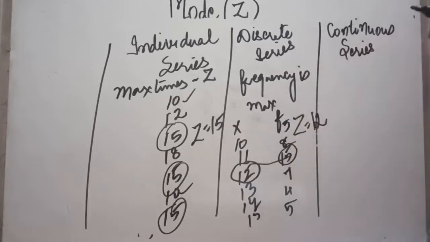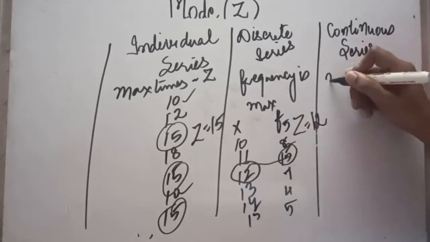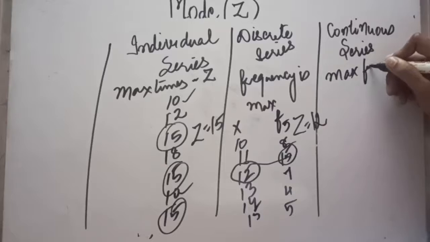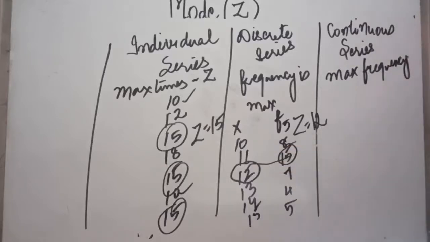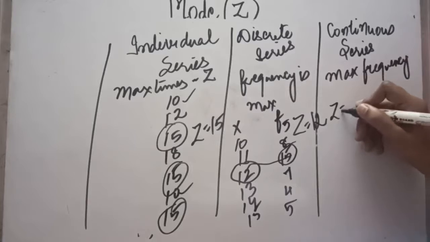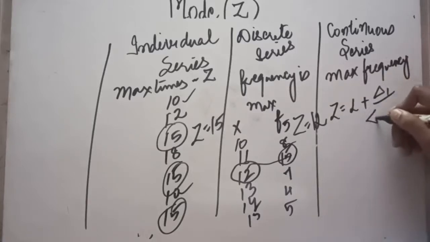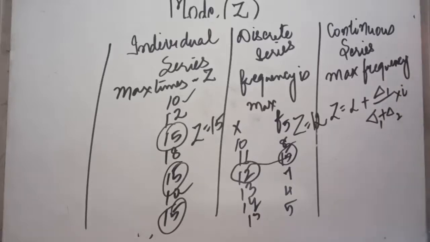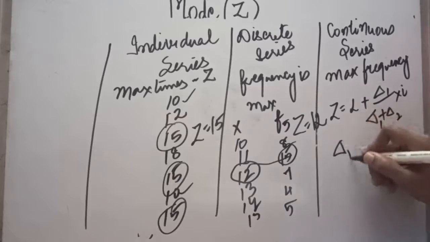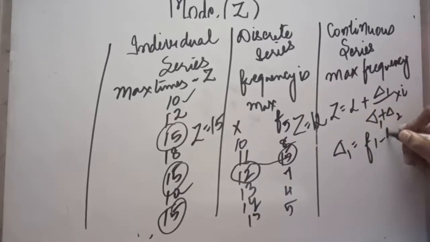Now in case of continuous series also we will see the maximum frequency, but here we cannot directly calculate the answer, because in the continuous series we have class intervals. So we have to apply one formula: Z is equal to lower limit plus delta 1 divided by delta 1 plus delta 2, into i. Here delta 1 stands for f1 minus f0 in modulus.